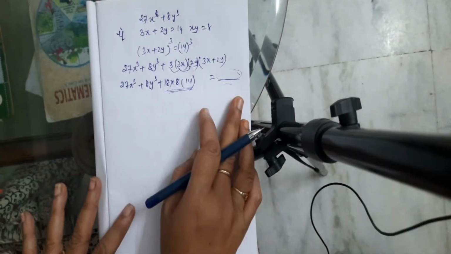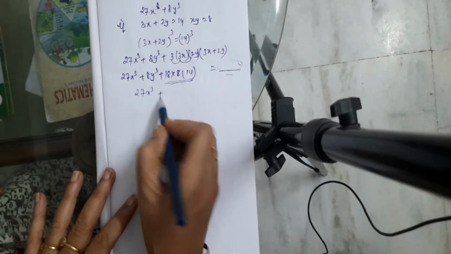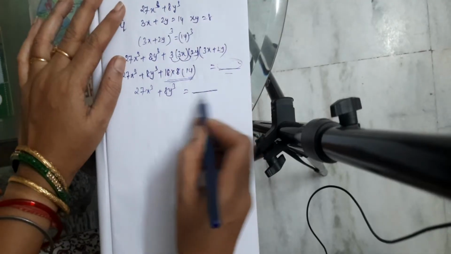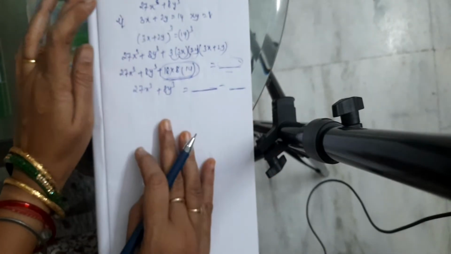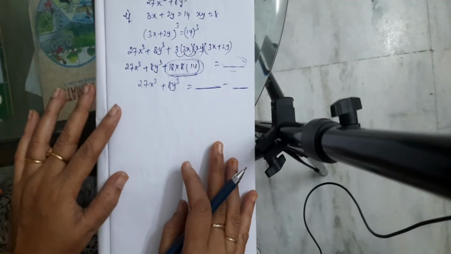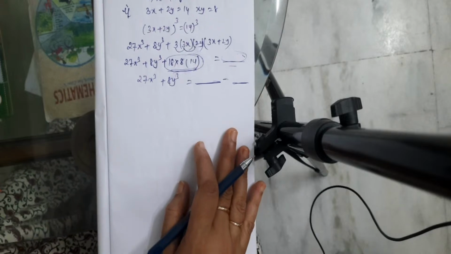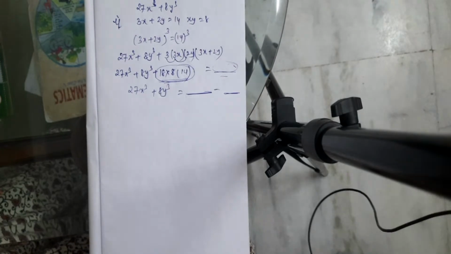So I am leaving all this multiplication part. To find 27x cube plus 8y cube, whatever value you got here, from there subtract this value. After getting both, you can do the subtraction and find out the final solution. What is the value of 27x cube plus 8y cube? So here is the final solution.